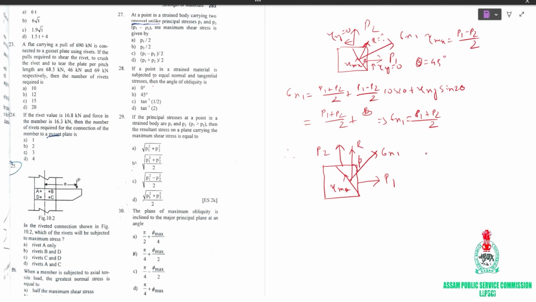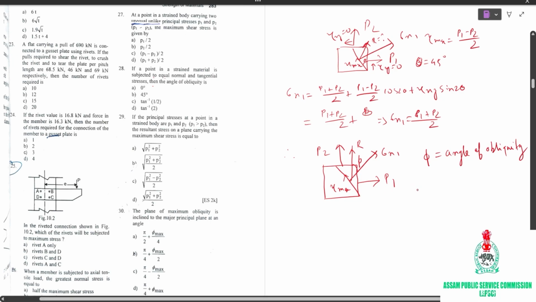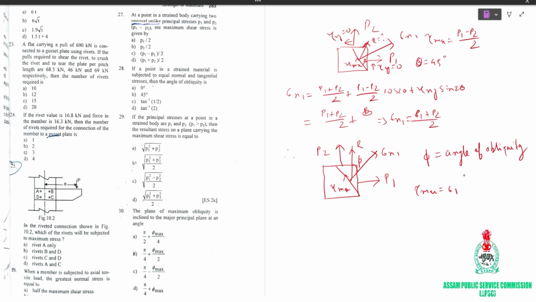This is phi. This phi is the angle of obliquity. Now this tau max is equal to the normal stress, and this should obviously become 45 degrees.